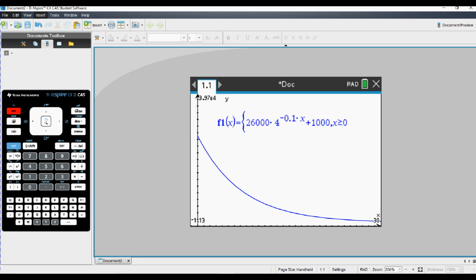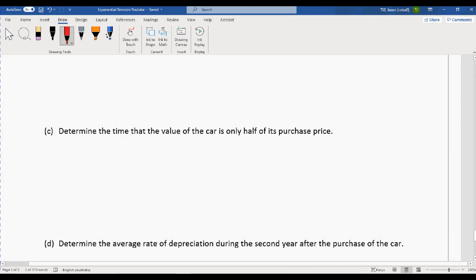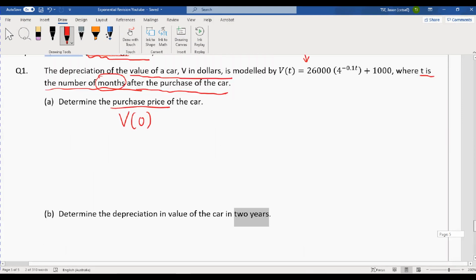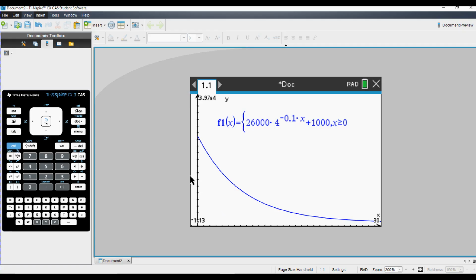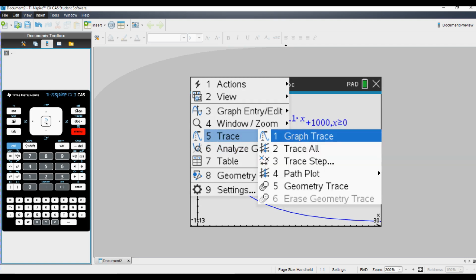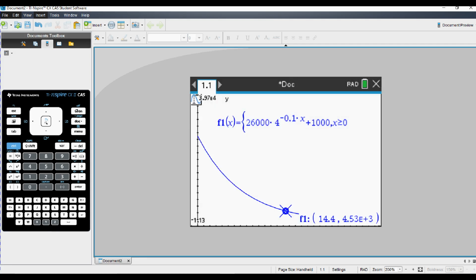So what I'm going to do now, remember the questions: you need to find the initial value, V0. So I'm going to use a function called trace of the graph. Just graph trace. You see there's a point.